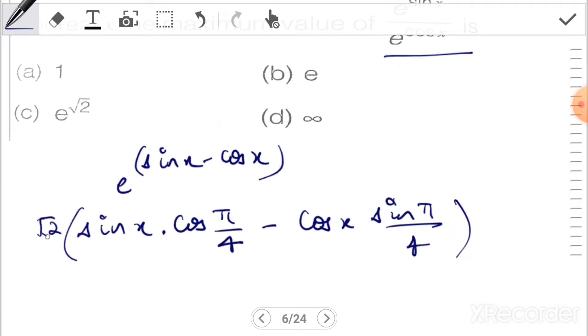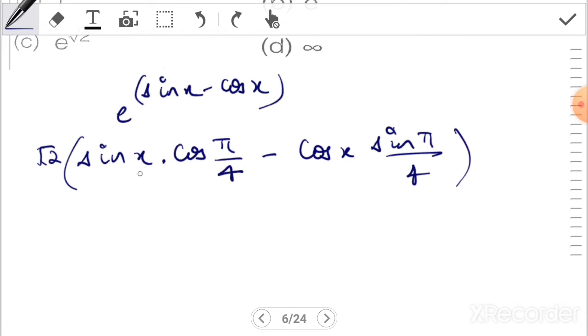Why? Because cos pi by 4 and sin pi by 4 both are equal to 1 by √2. So if you take out 1 by √2 common, √2 will get cancelled. So we will again get this result, right?